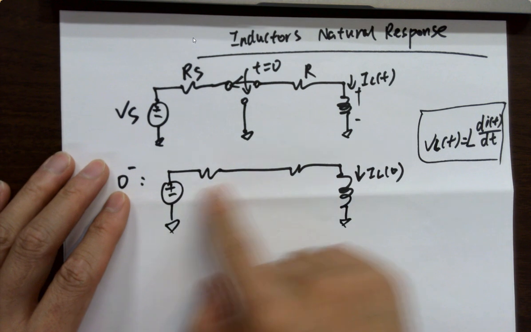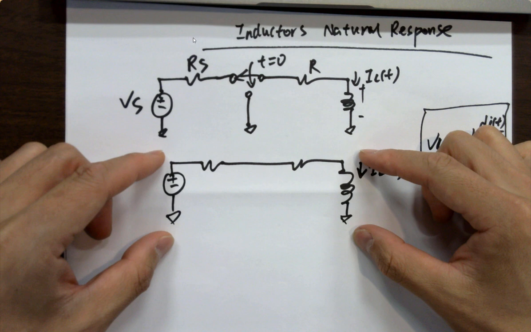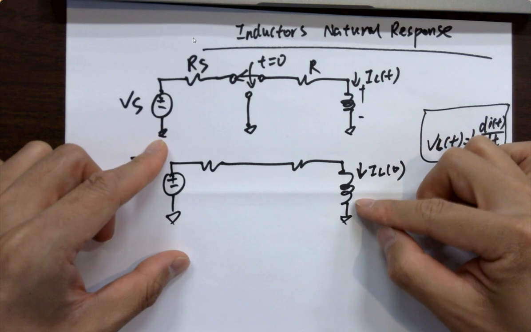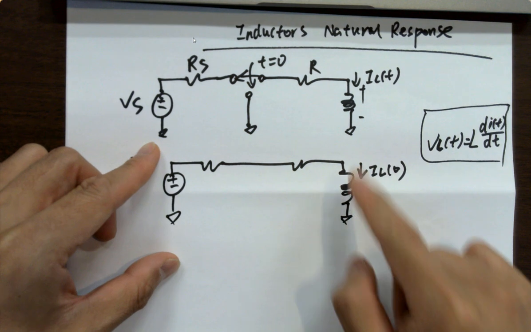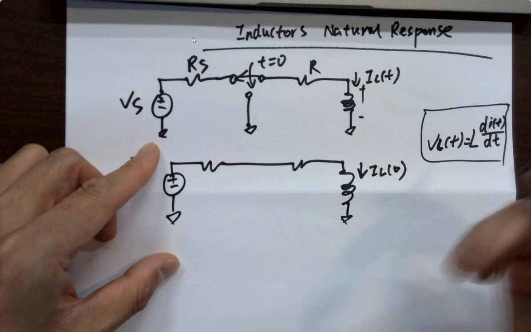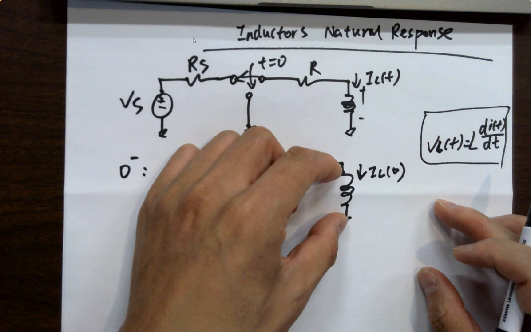Over time, whenever you keep it on for a long time, say 100 years, what's going to happen? There's no alternating current anymore. It's a direct current. And this is just a coil, it's copper, like a wire. So the voltage across it over time will be 0 volts.